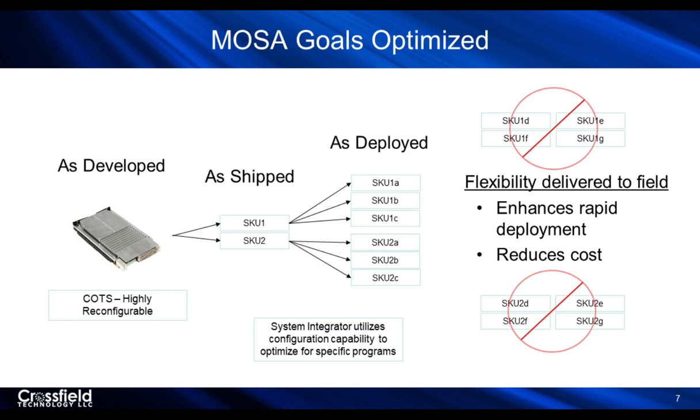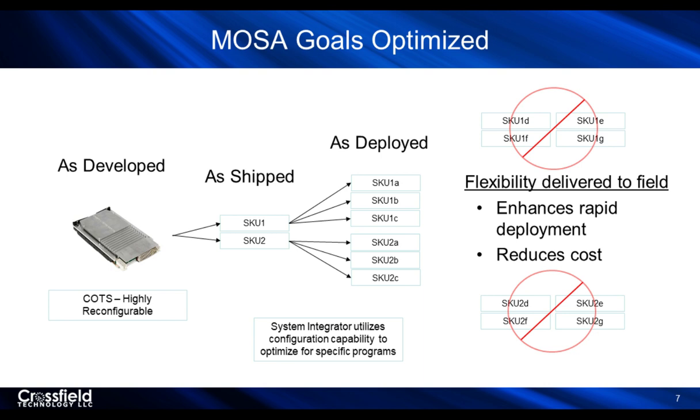So there's some caution here, right? But how much of the configuration you want to push all the way out to the field, there's certainly a lot of configuration you'd like to have in a maintenance depot. If I've got one component that can go into 4 different systems, just configured differently, I've just made a huge savings in spares at the maintenance depot.